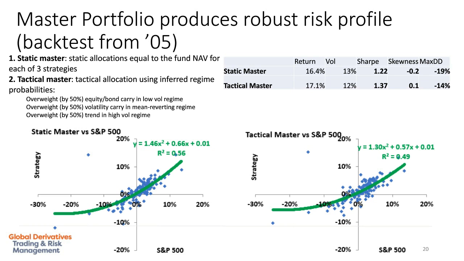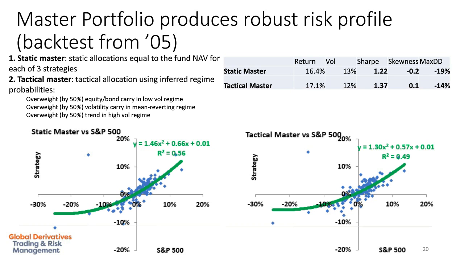The striking example: the static master uses constant allocations to all the strategies, not changing anything. It already has a good Sharpe ratio and relatively mild skewness. Even though it has dividend carry and volatility carry strategies, trend helps to mitigate the negative skewness inherent in those strategies.